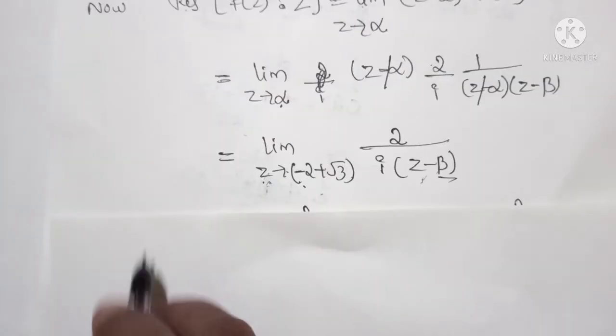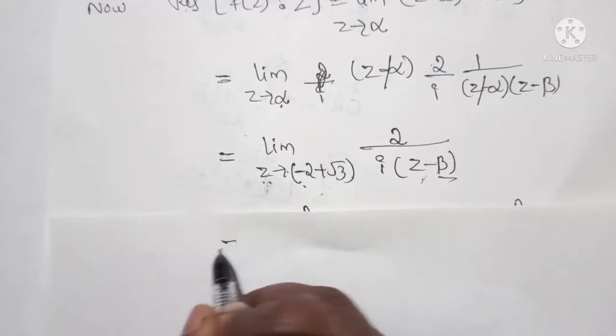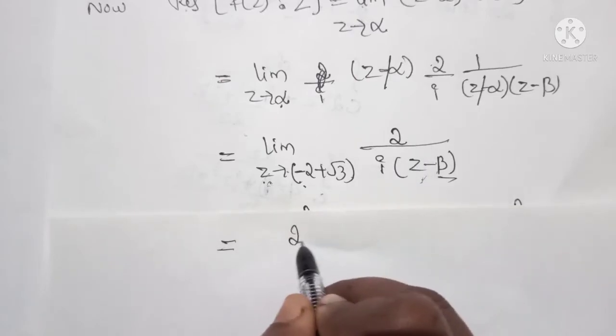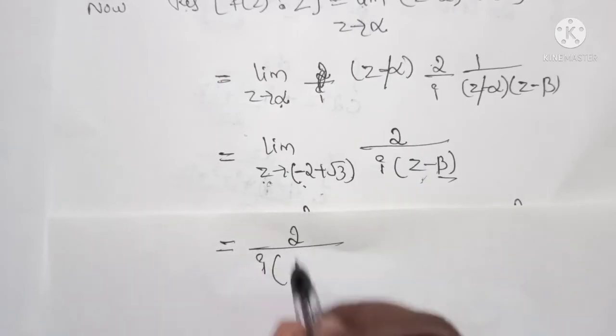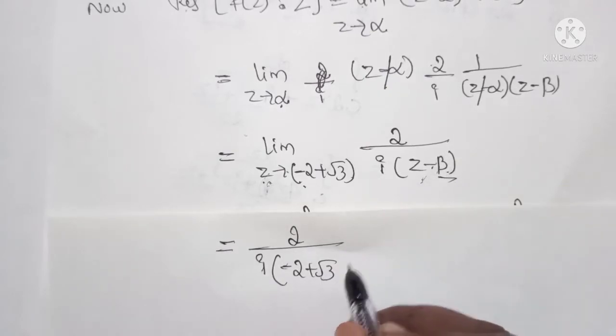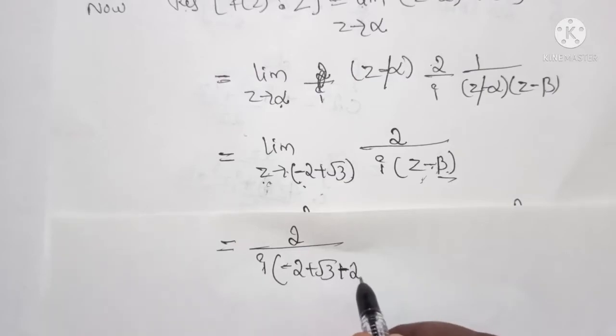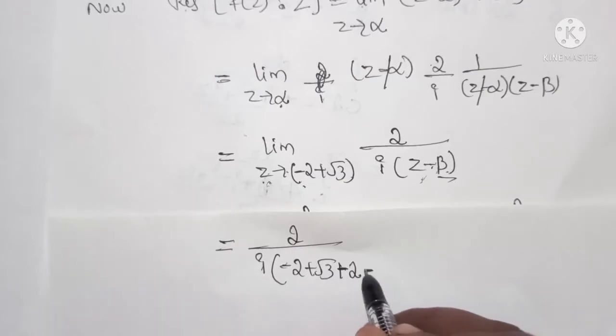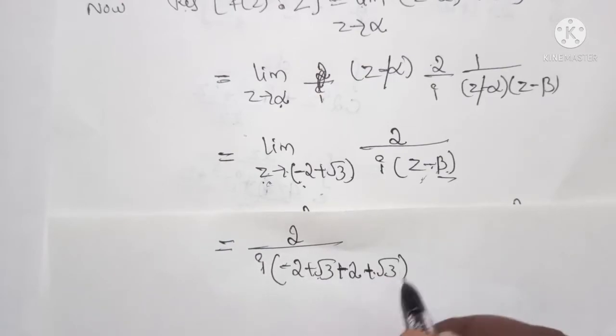Now evaluating the limit, we get 2 by i, with z value minus 2 plus root 3, and substituting the beta value, because of the minus sign, minus into minus gives plus 2 and plus root 3.